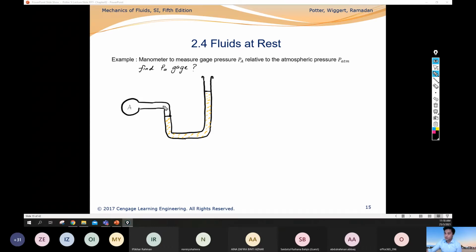Okay, so how to find the P gauge of A at point A? So before that, what is gauge? Pressure is the unit of pressure. So what is gauge? It's a device to measure local pressure.